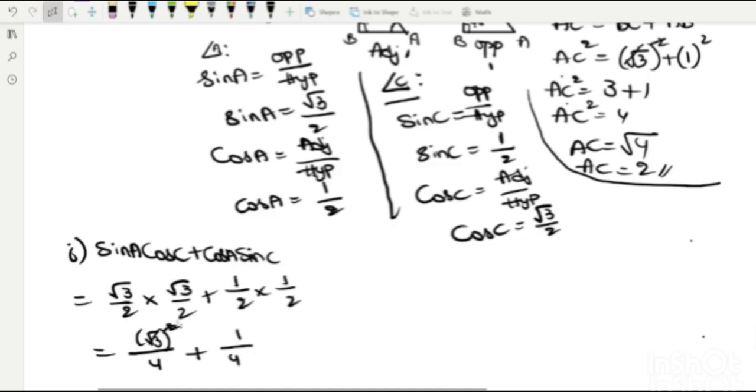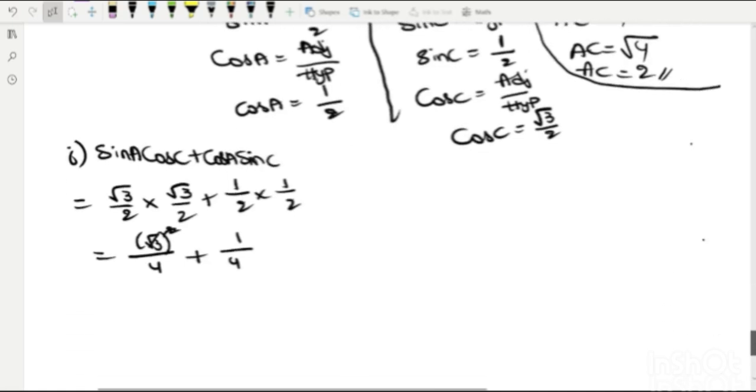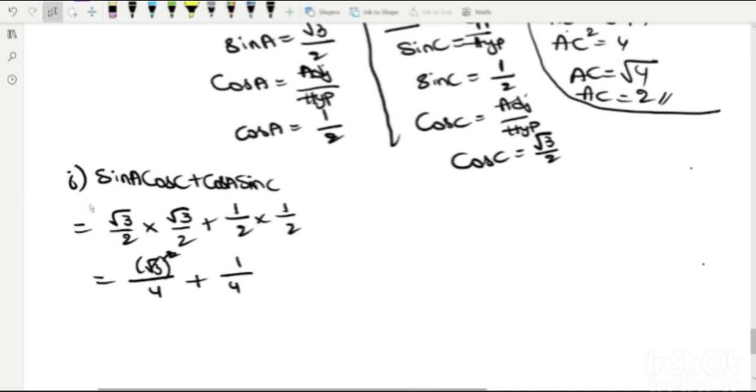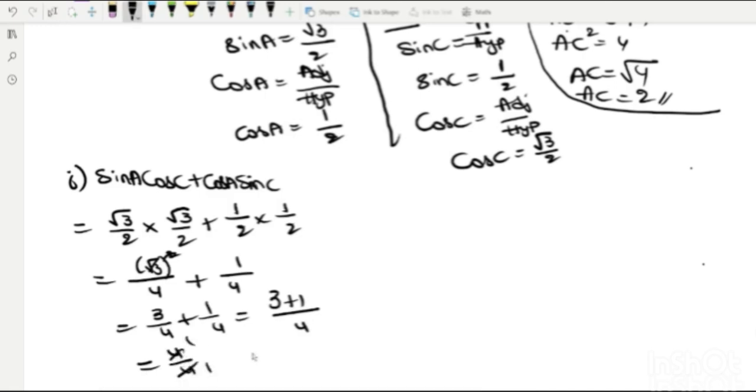So the square root gets cancelled. Now you can write it as 3 by 4 plus 1 by 4. Here the denominator 4 is the same for both. 3 plus 1 is 4, divided by 4, which is 1. So 1 is the answer for sin A cos C plus cos A sin C.